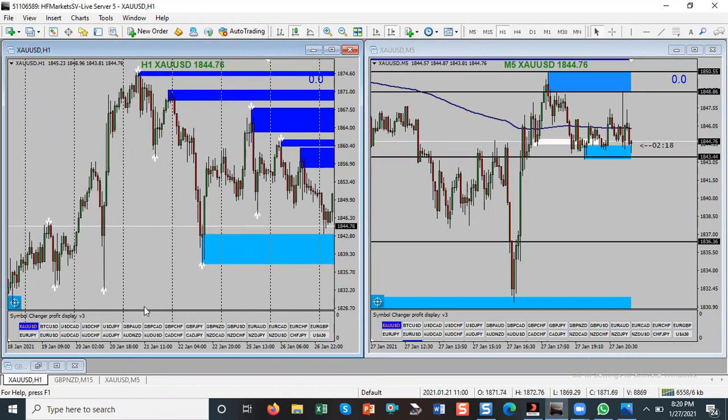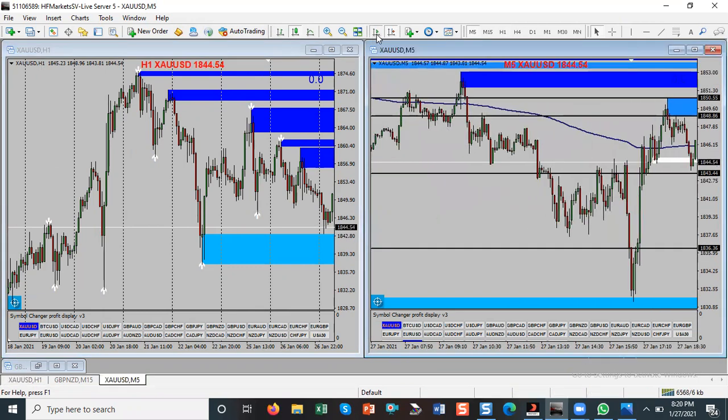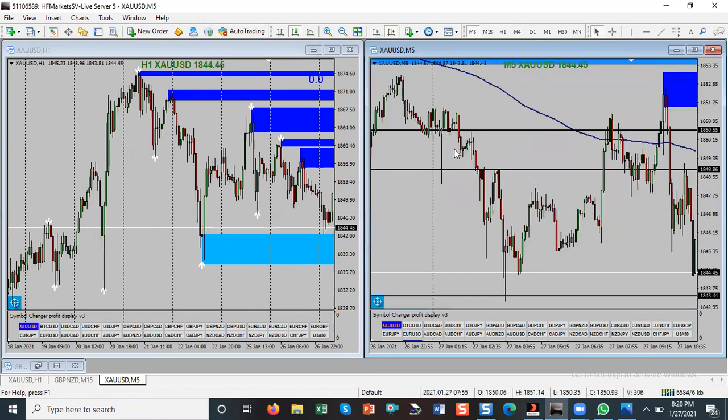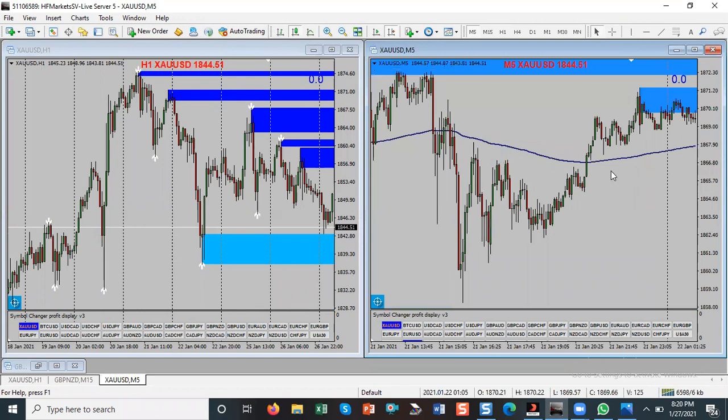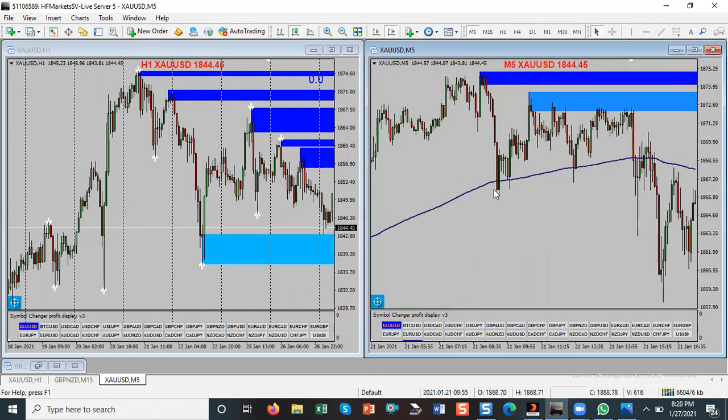This is on the 21st of January. I scroll backward on the 5 minutes time frame to the 21st of January.